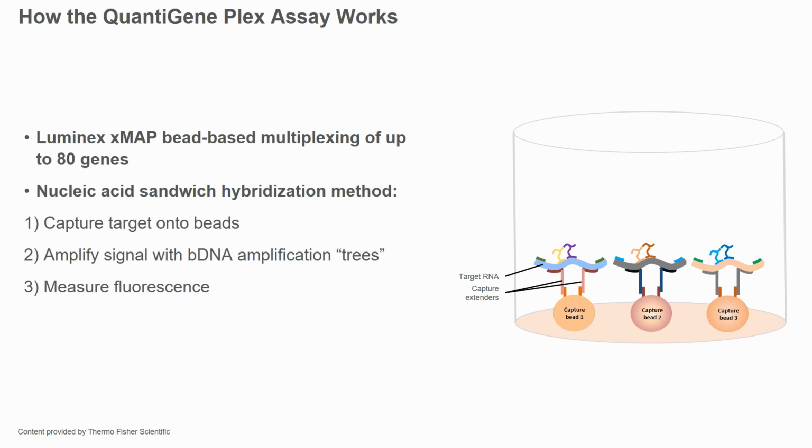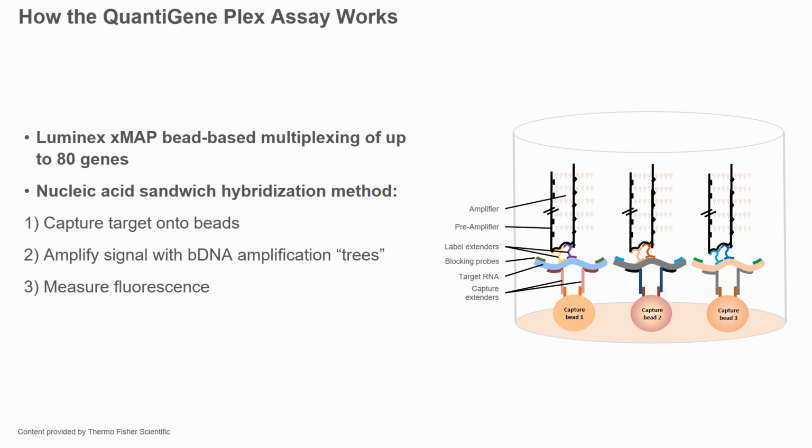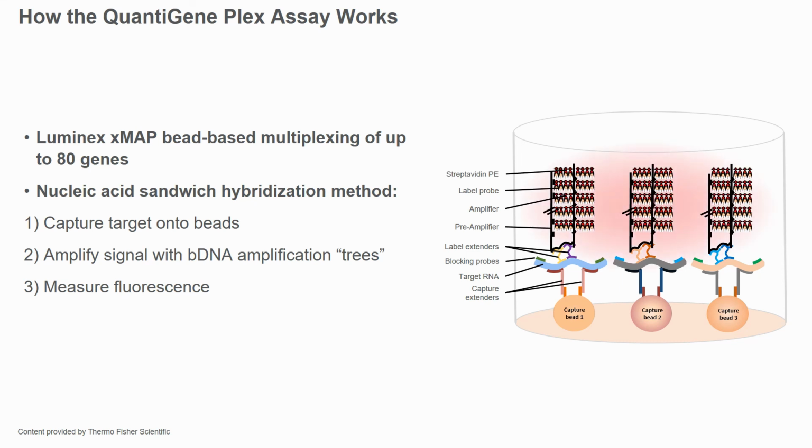Once it is bound to this bead, through label extenders a DNA scaffold is used, in which, using a preamplifier and amplifiers, you have this whole scaffold of label probes, which eventually, through streptavidin PE, gives us a signal.